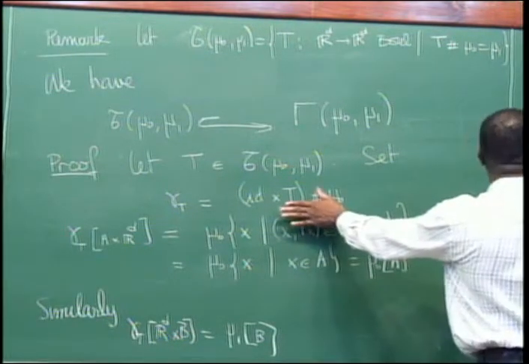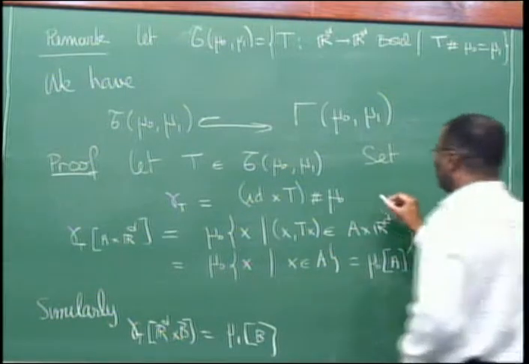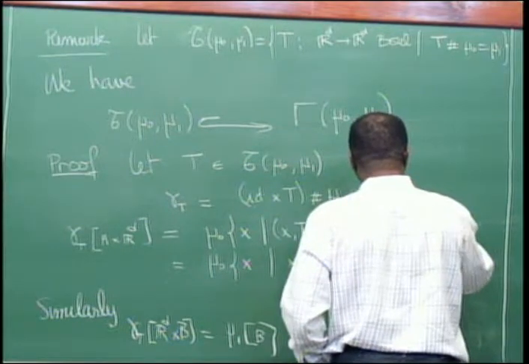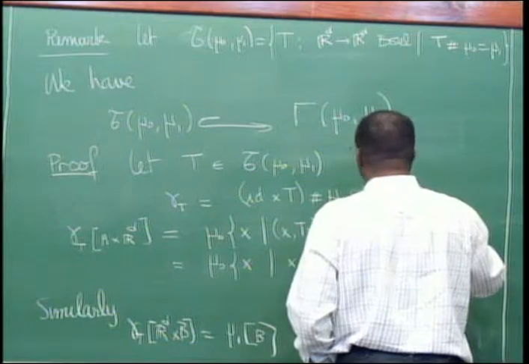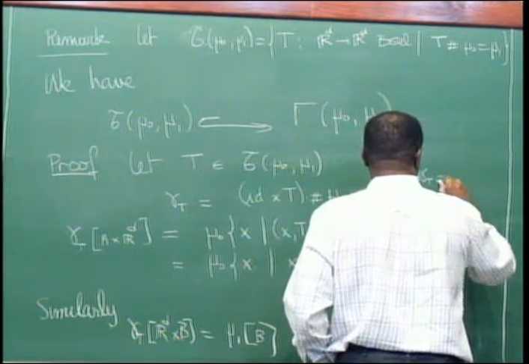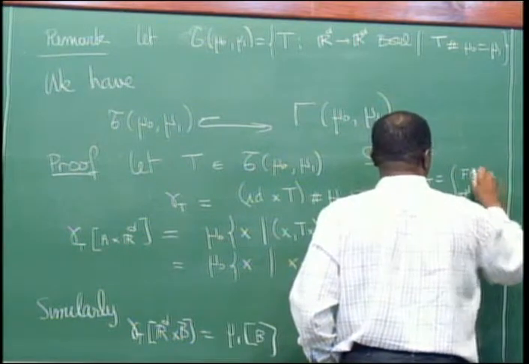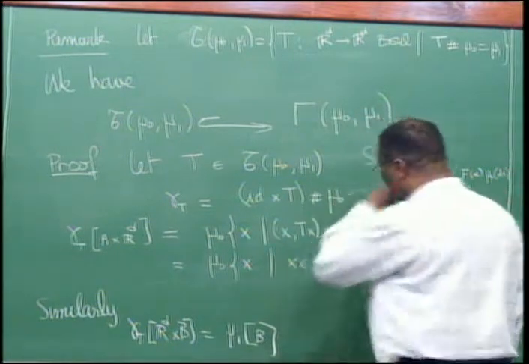An equivalent way of writing this identity is that the integral over R^D cross R^D of f d gamma_T is the integral over R^D of f of x d mu naught of x. Right?